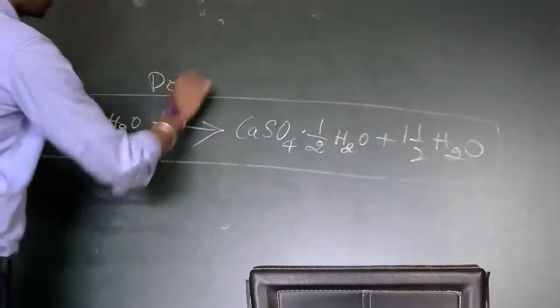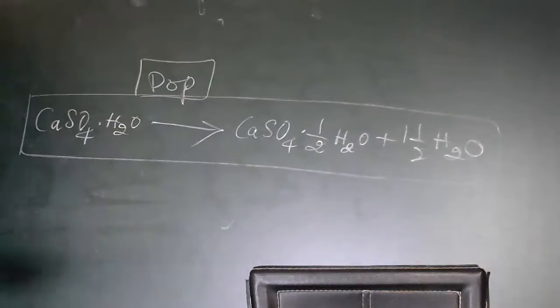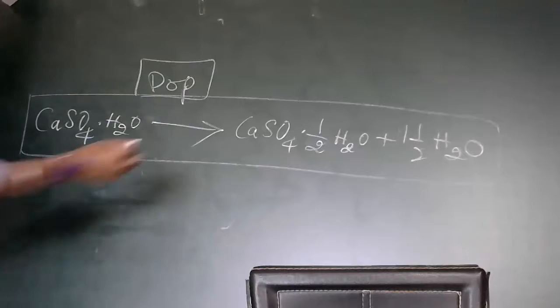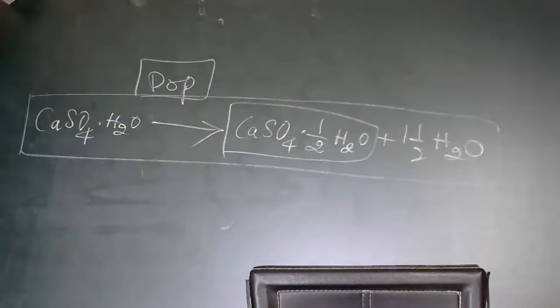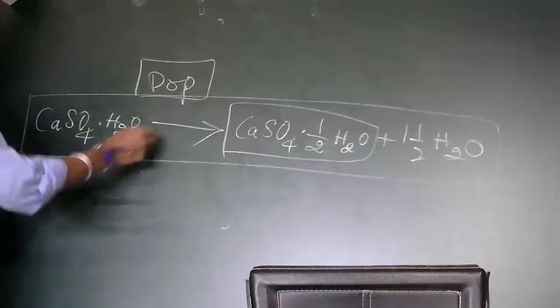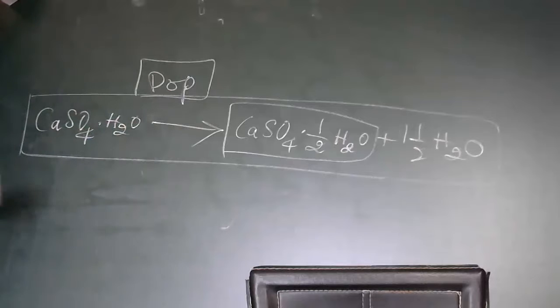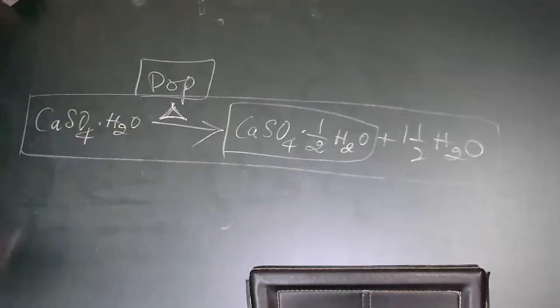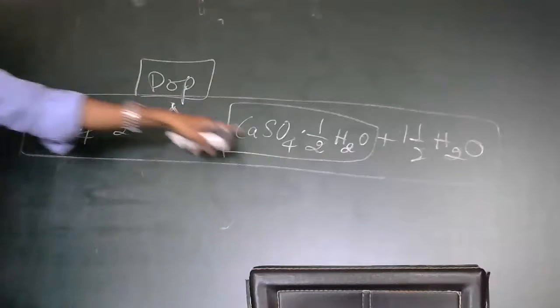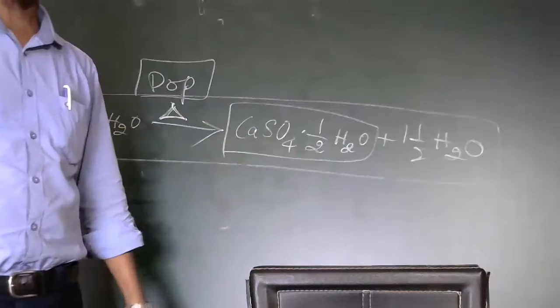This reaction is very important because they ask in the exam how plaster of Paris, or calcium hemihydrate, is produced from gypsum powder. We provide heat here and it becomes calcium sulfate hemihydrate.